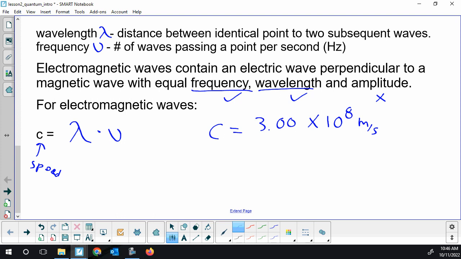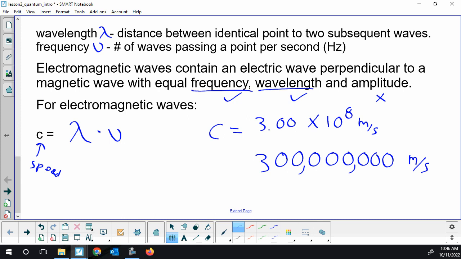I'm going to switch that out of scientific notation form so you can hopefully appreciate just how fast that is. So I'll get rid of the power of 8. So I'm going to need 8 zeros after my 3. So that's 300 million meters per second.